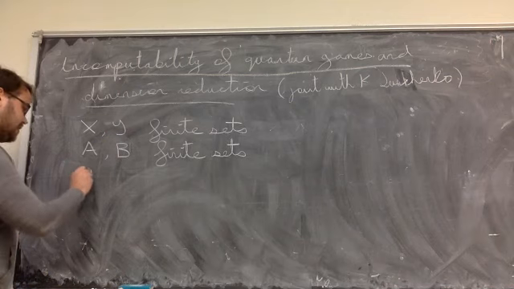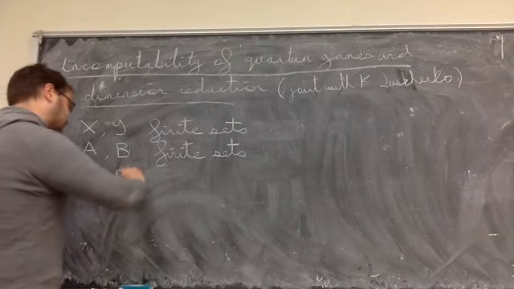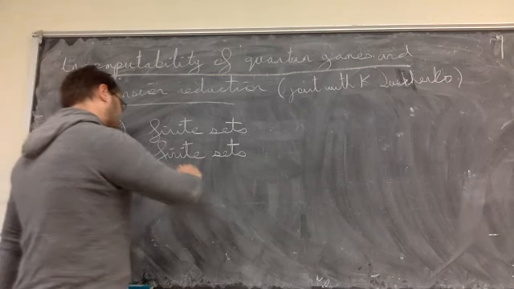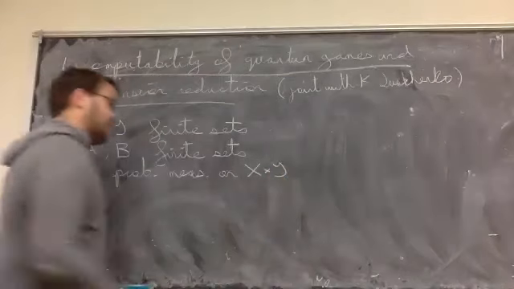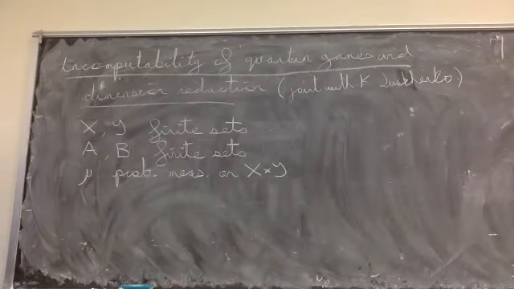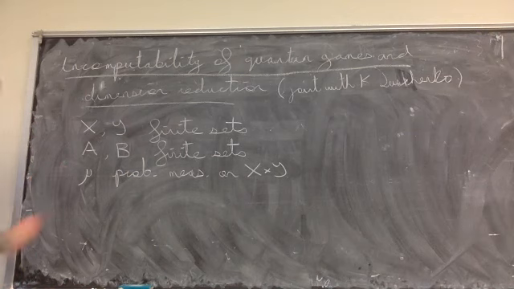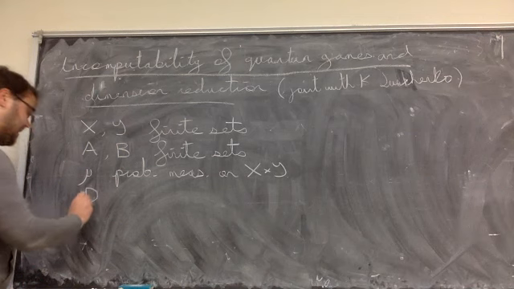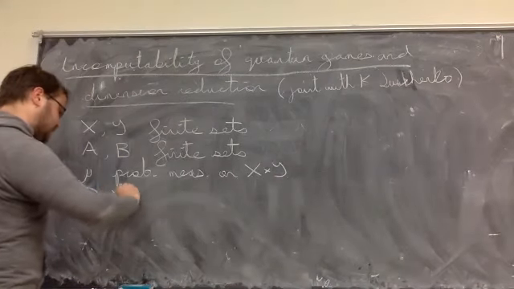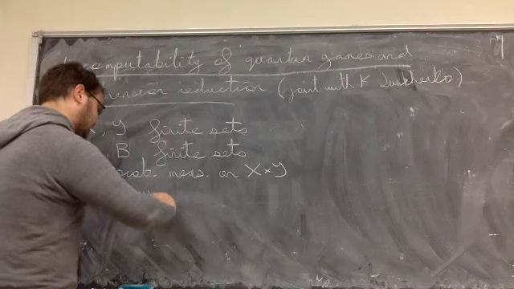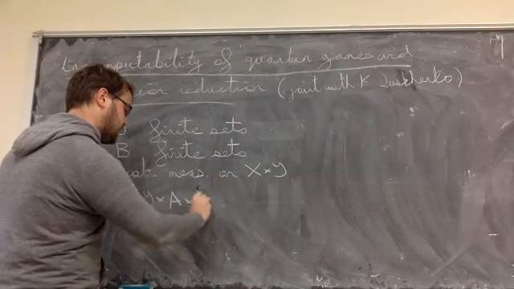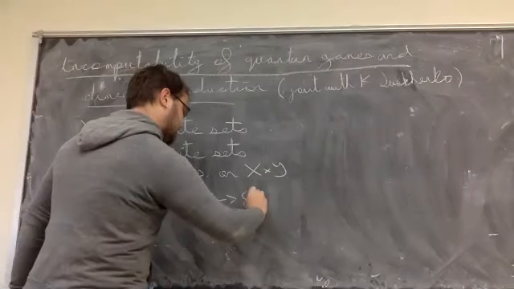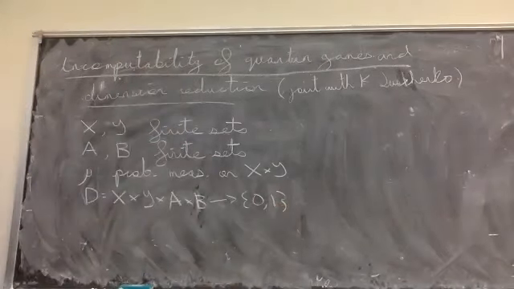Then we have mu. This is a probability measure on X times Y. This mu is supposed to be a distribution of questions. I'll say a little bit about that in a moment. And then we also have what's called a decision procedure, which is just a function D from this product to Boolean values.